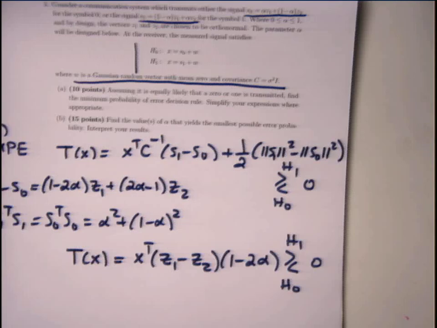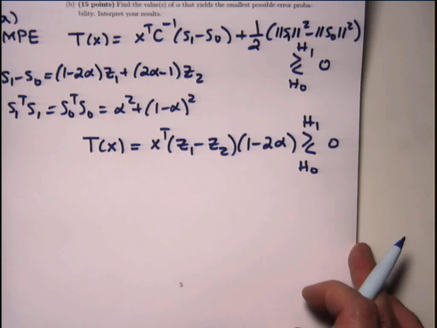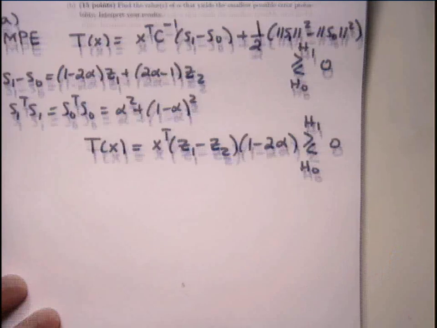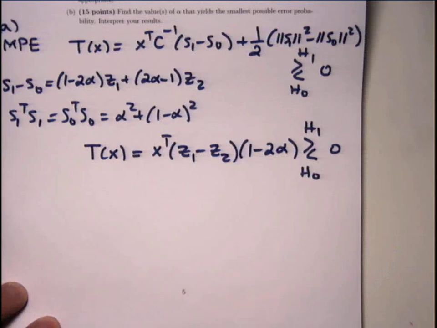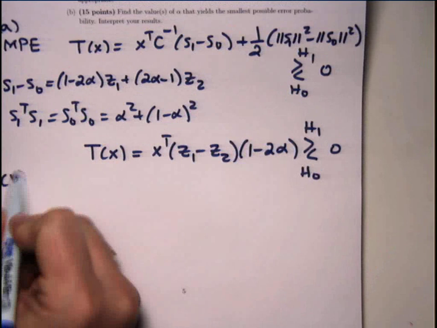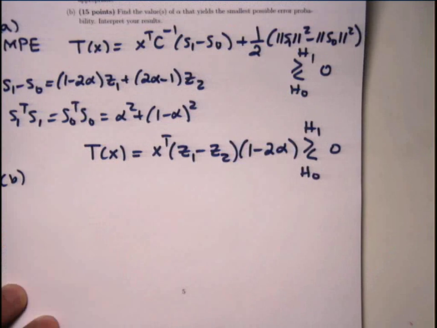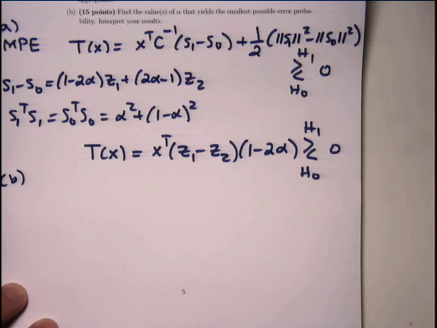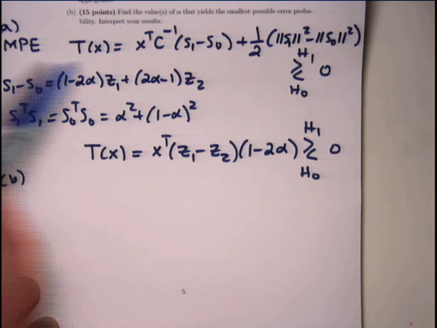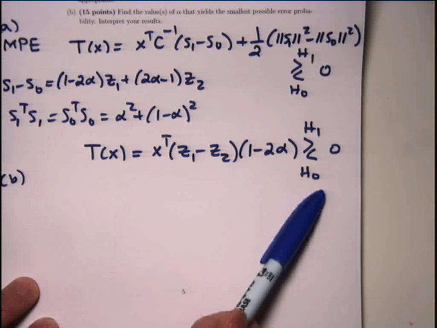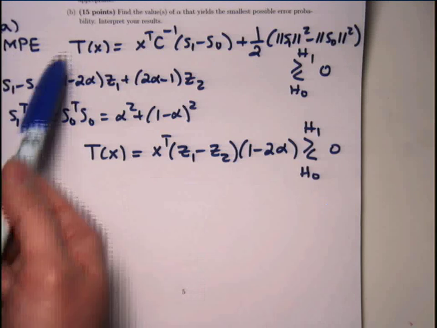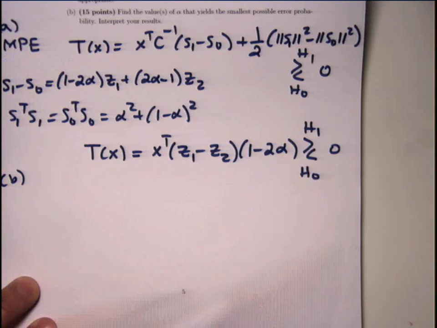Now looking at part B, we want to find the value of alpha that yields the smallest possible error probability. So what you have here is the minimum probability of error decision rule, but the minimum probability of error is still a function of this alpha, which you can tune.